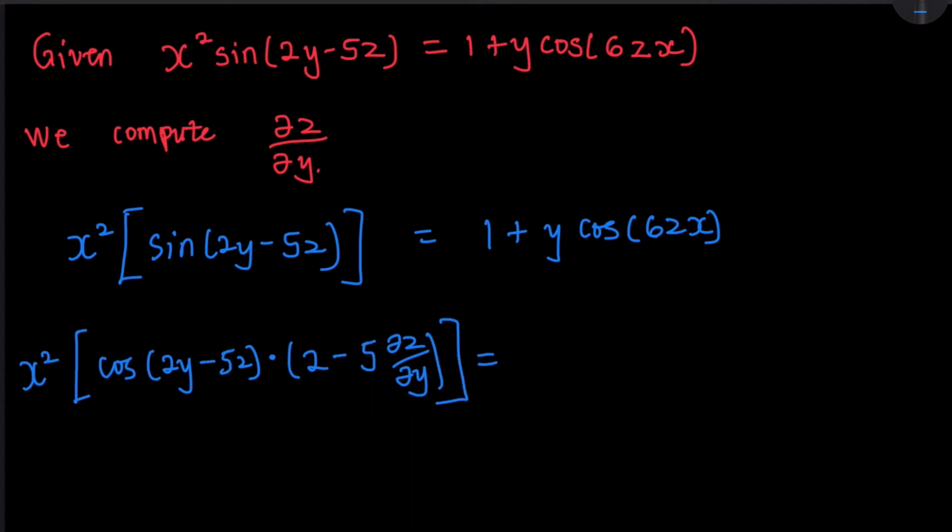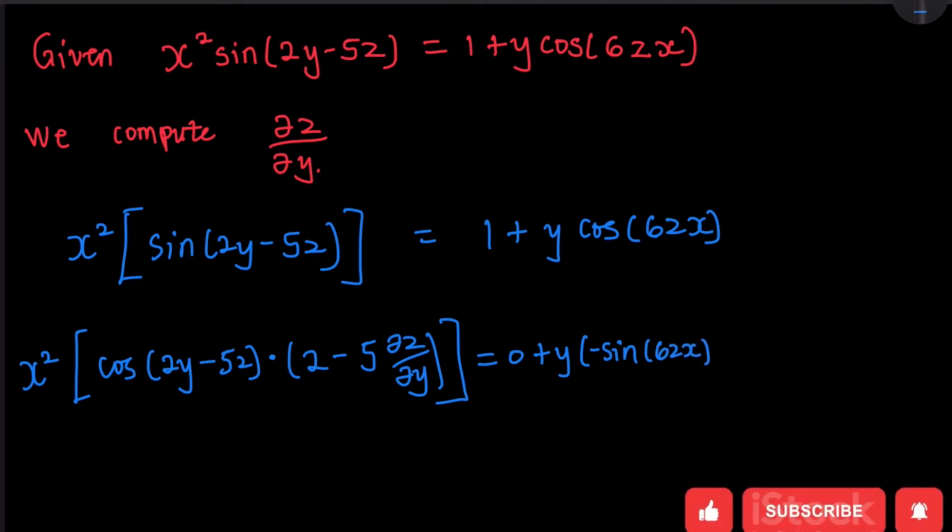With the right hand side, when you differentiate 1 with respect to y, you are going to have 0, plus, with the second term on the right hand side, we are going to use the product rule and the chain rule all together, right? So let's keep y, then we differentiate cosine of 6xz. That's going to give us minus sine of 6zx.